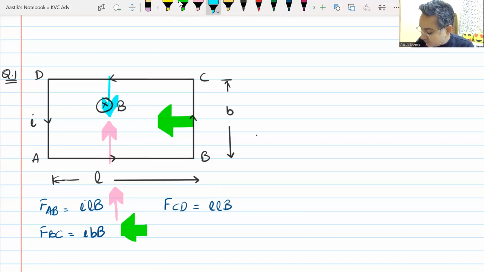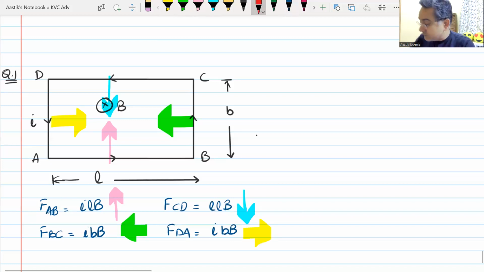And you can see the direction will be coming downwards. Force on the wire DA will be how much? I into B, and you can see that the direction will be like this. If I find out the net force on the loop, it is 0.